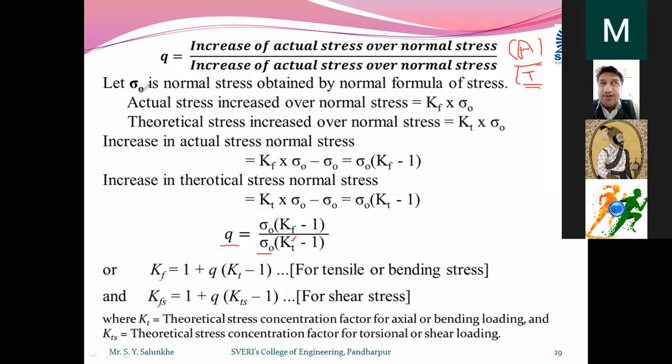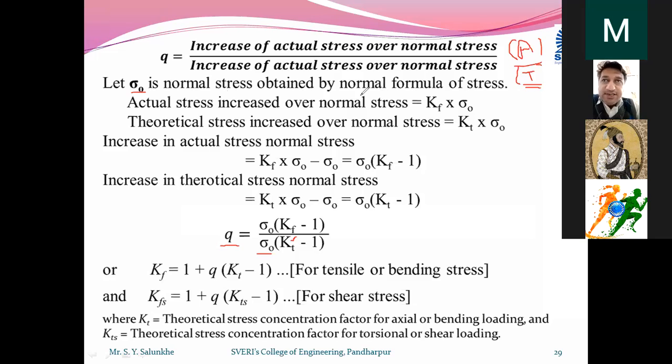So let us consider that sigma 0 is the normal stress, which we obtain with the normal formula of stress, force divided by area. Here we are not considering the stress concentration value, or the stress near the irregularity of geometry. We consider this sigma 0 value as the normal stress when we apply the normal load.